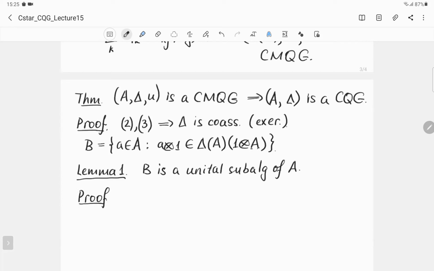Well, let's show that this is indeed the case. So suppose that a and a prime are two elements in B. So by definition, we can write a tensor 1 as the following finite sum over j, delta of bj multiplied by 1 tensor cj.